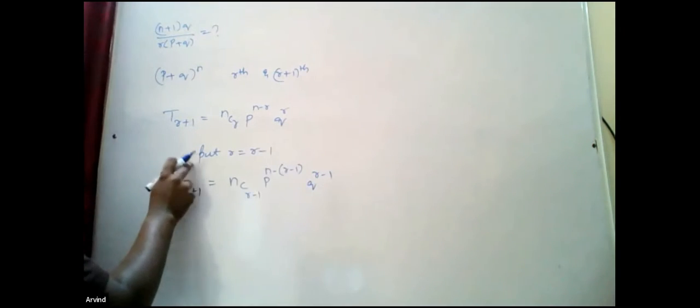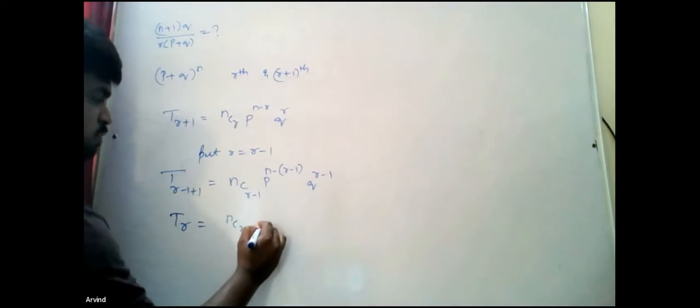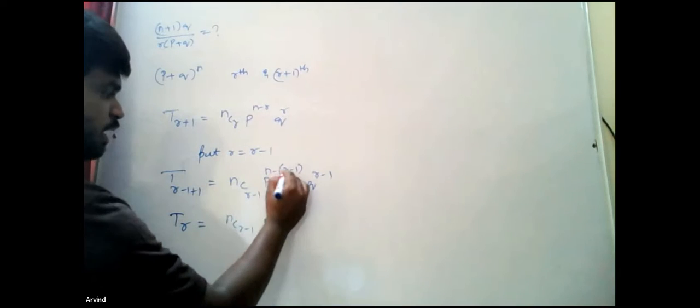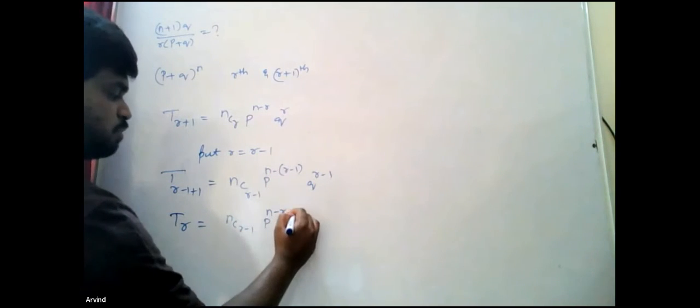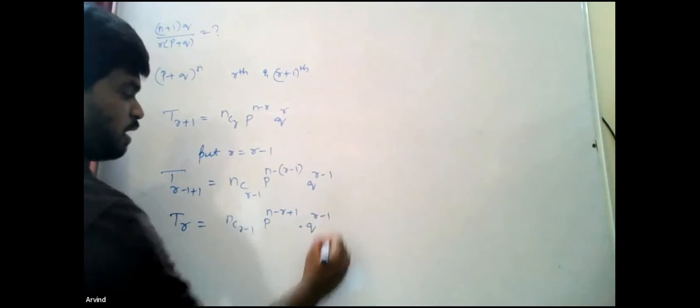If I want the rth term, I don't want this plus 1, so I take r as r minus 1, then minus 1 plus 1 cancels. Only then I'll get the rth term. Observe, now the rth term is equal to nC(r minus 1) p to the power n minus (r minus 1), that is minus r, minus into minus is plus 1, into q to the power r minus 1.